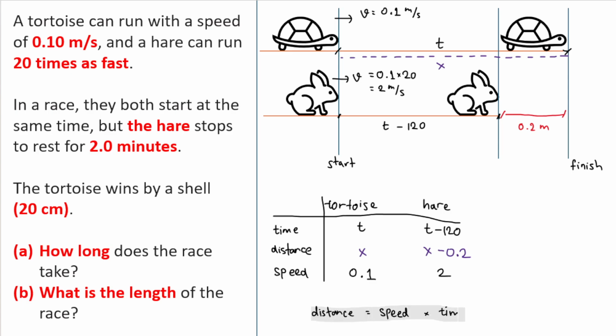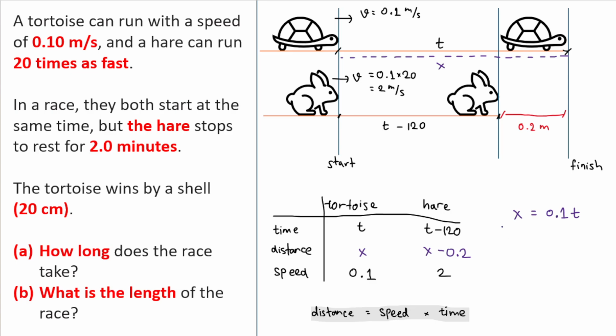For the tortoise, x equals the speed 0.1 multiplied by t.